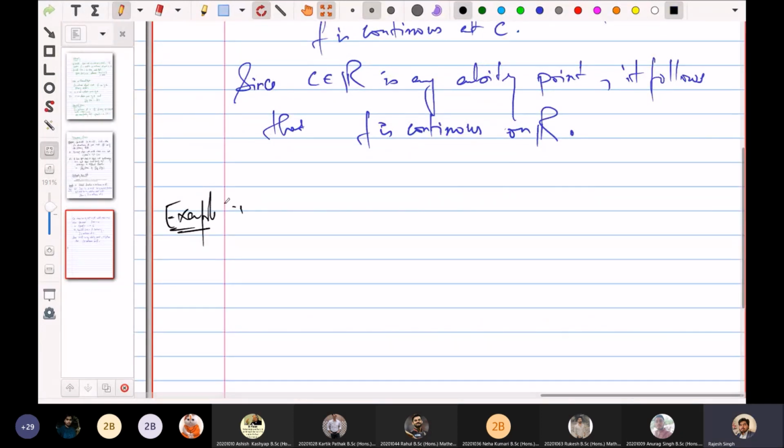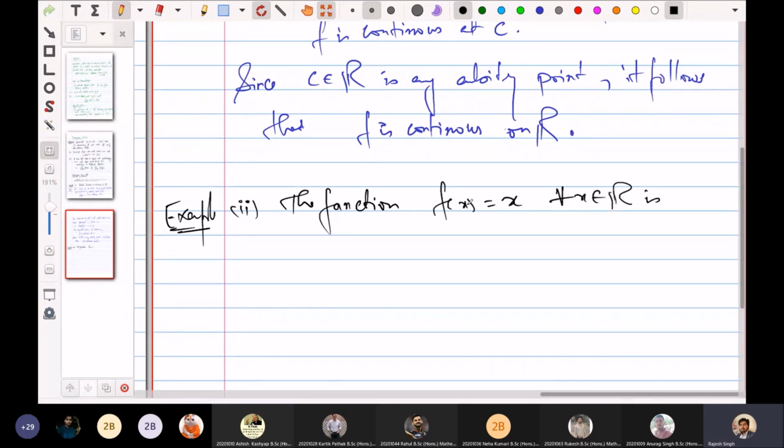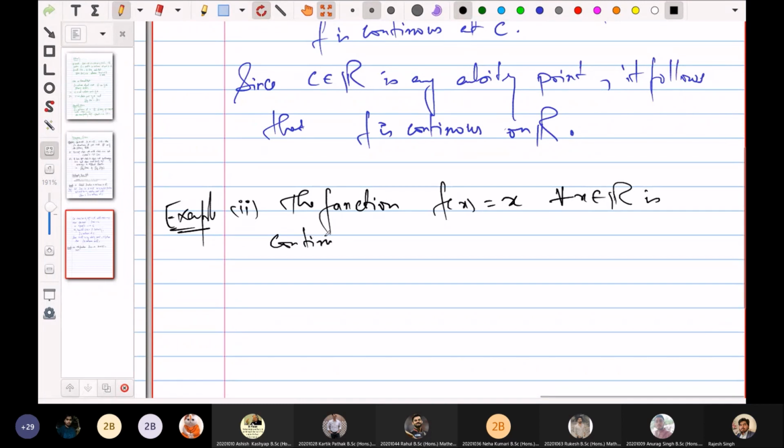The function f(x) equal to x for every x in R is continuous on R. So how will you prove this?